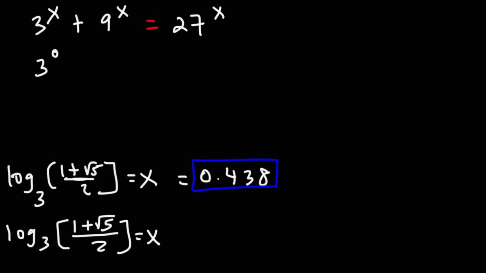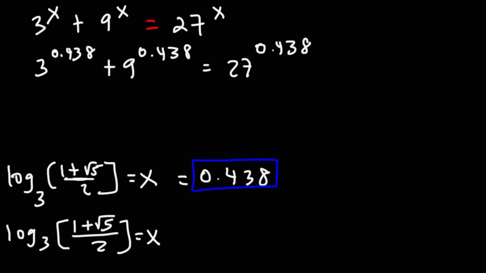So let's plug this in. Let's see if this is going to work. Three raised to the 0.438, that's 1.618, interestingly. 9 raised to the 0.438, that's 2.618 if you round it.